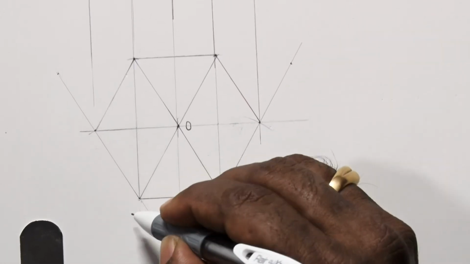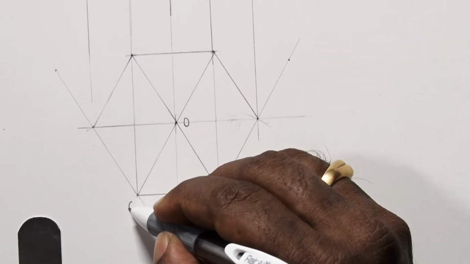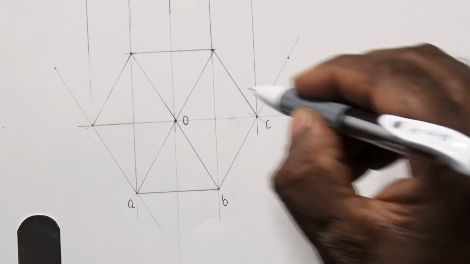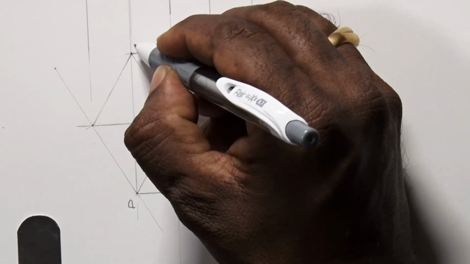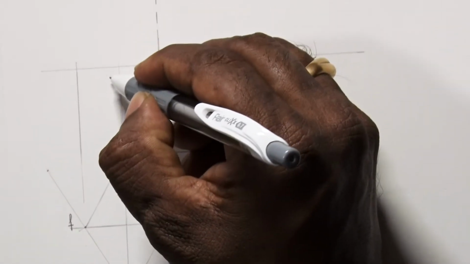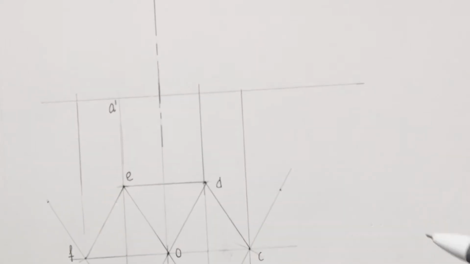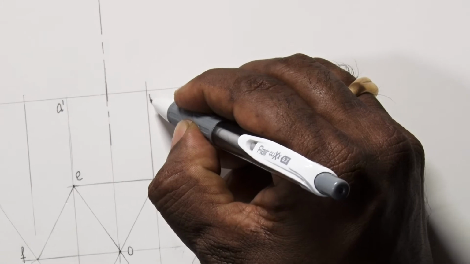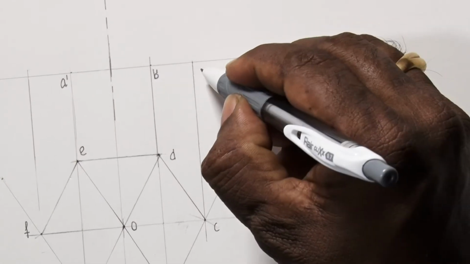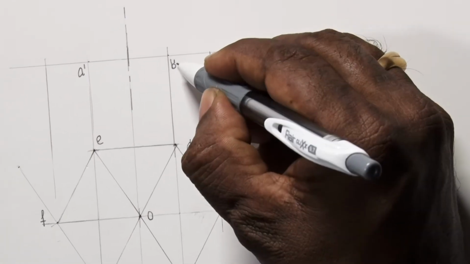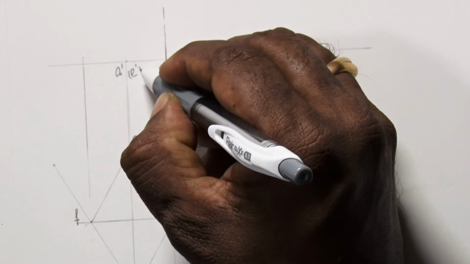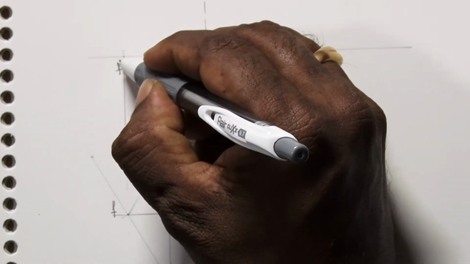In the top view we name these as A, B, C, D, E, F. Therefore we have A dash here, then B dash here, then C dash, and D dash not visible, E dash not visible, then F dash.